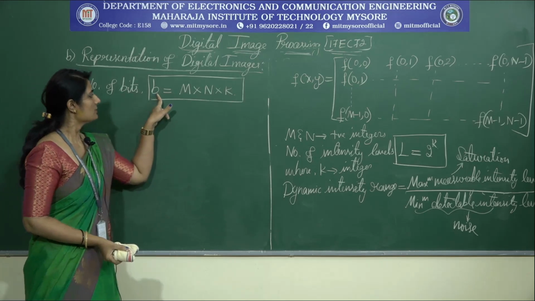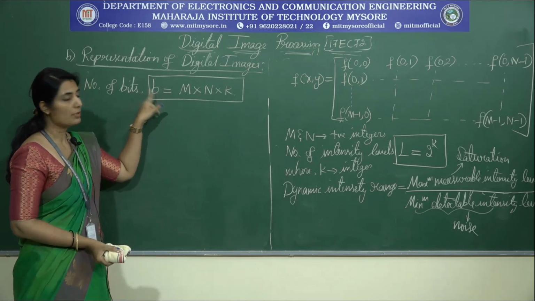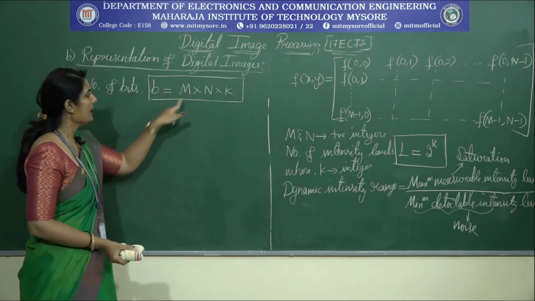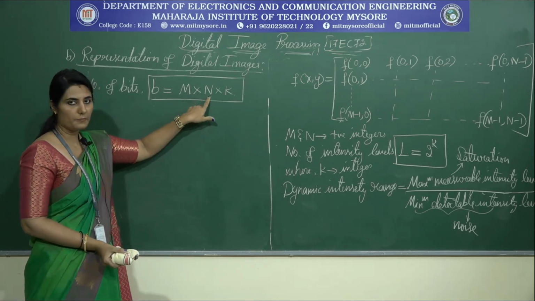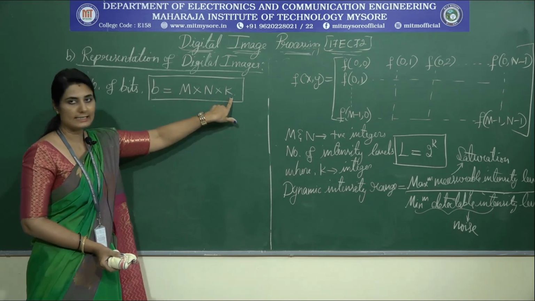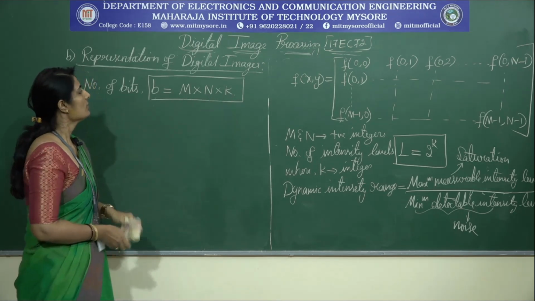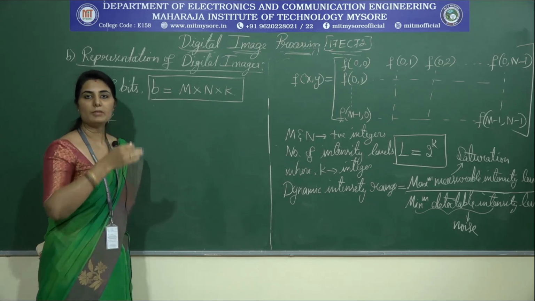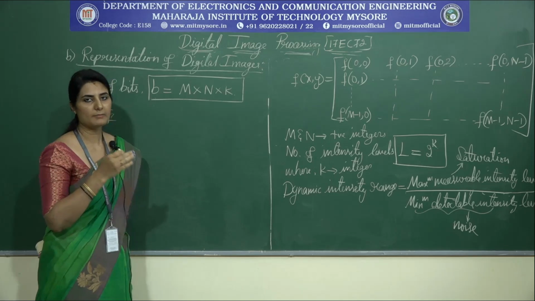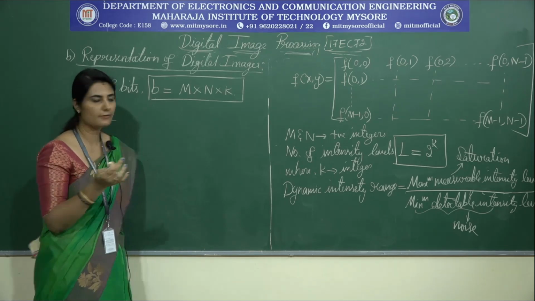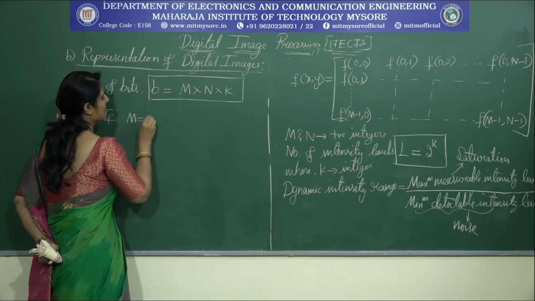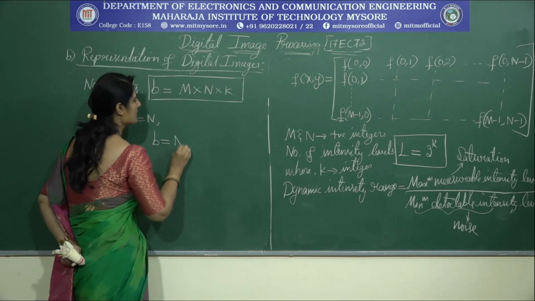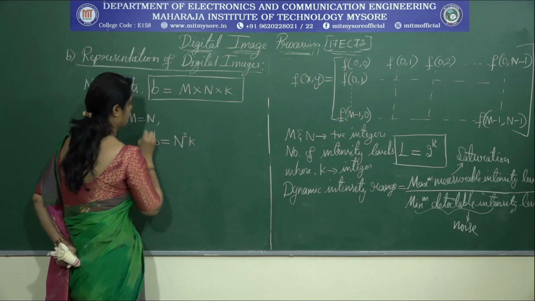Here b represents the number of bits required to store the digital image, m is the number of rows, n is the number of columns, and k is the integer. If the image has the same number of rows and columns, that is m is equal to n, then the number of bits required to store this image is n square k.